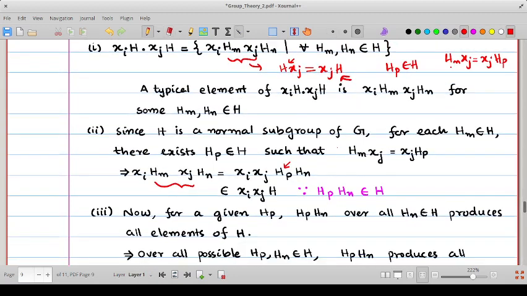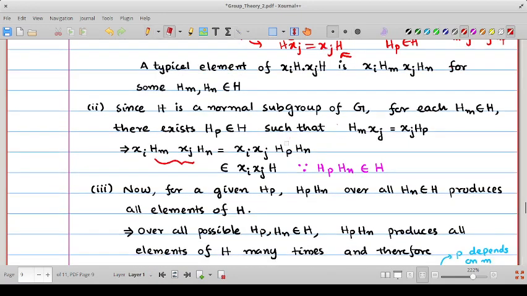Now, as we consider all elements coming from all possible values of hm and hn, we should be considering all elements coming from possible values of hp and hn, which comes from the elements of the subgroup H.